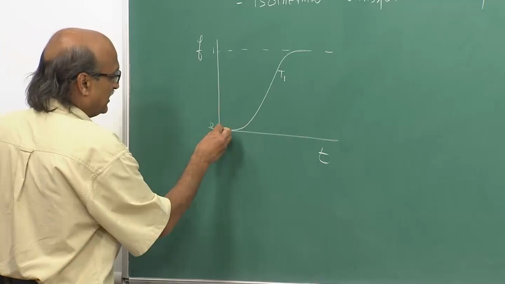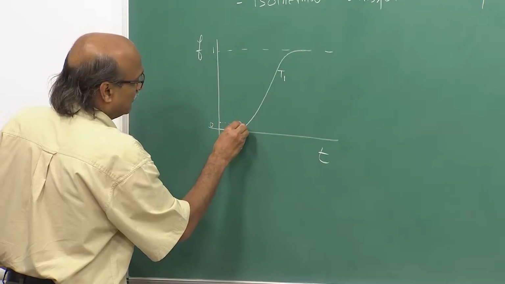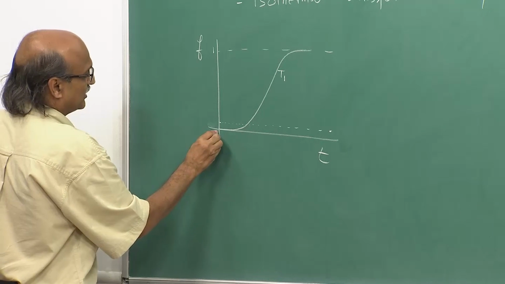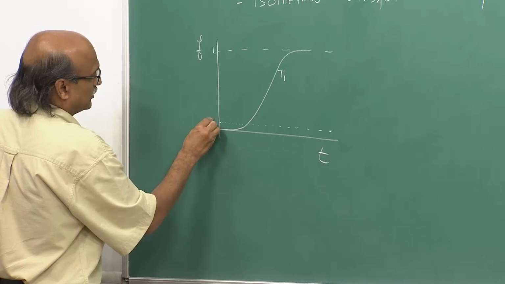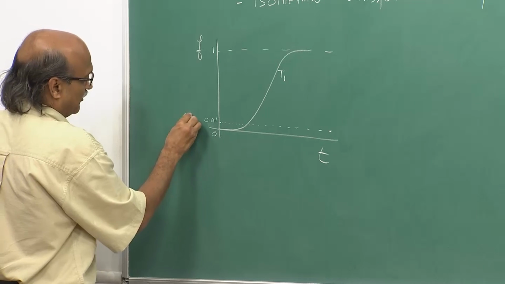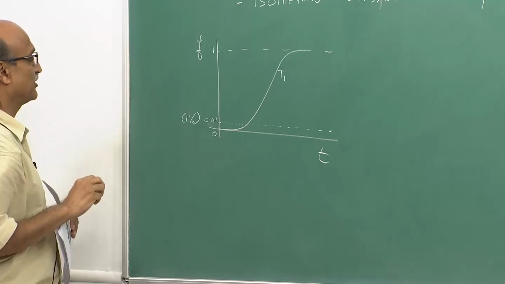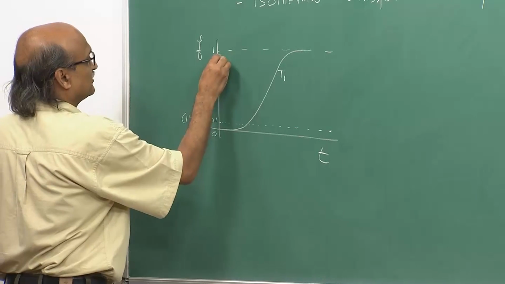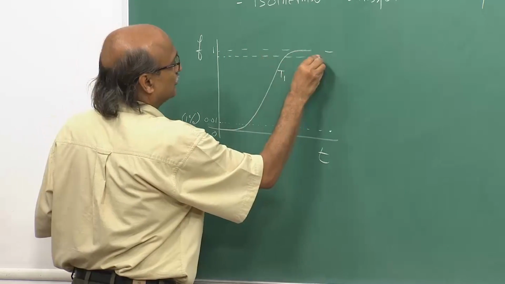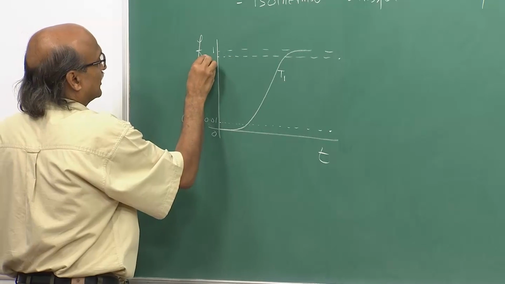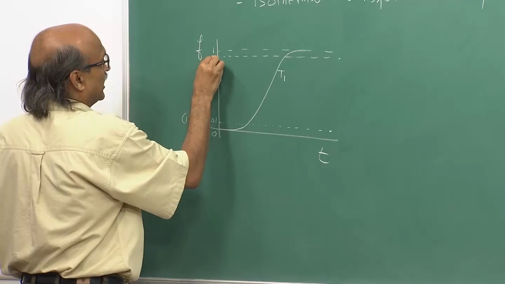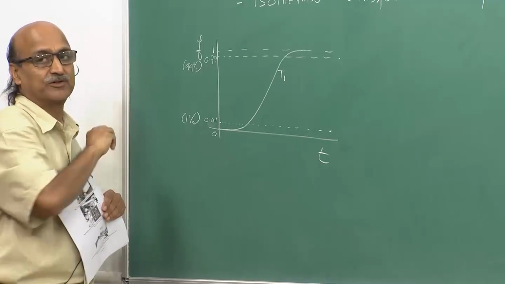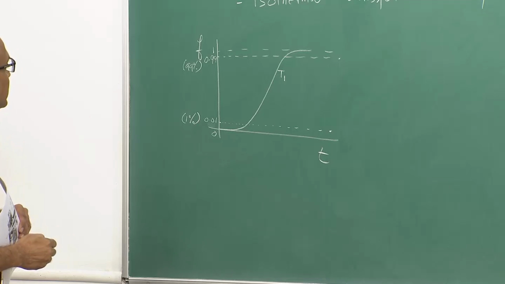Let us say that when the fraction transformed is 0.01, or simply 1%, we consider that the beginning of the transformation, and we consider the end of the transformation as when the fraction transformed becomes 0.99, or simply 99% of the transformation has taken place.